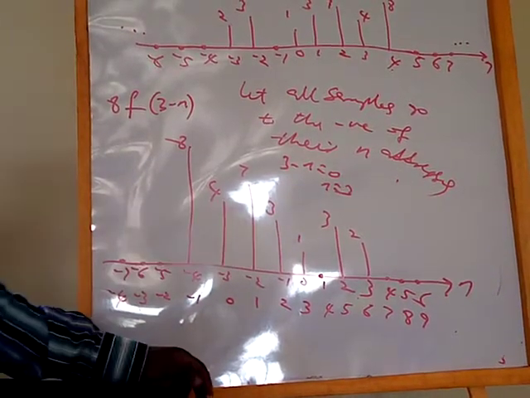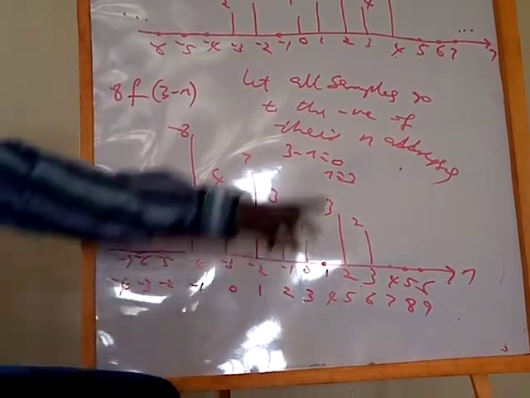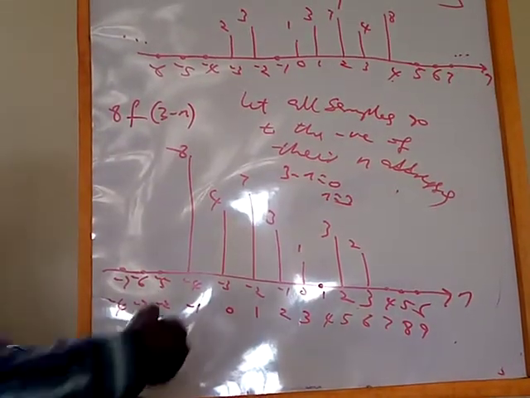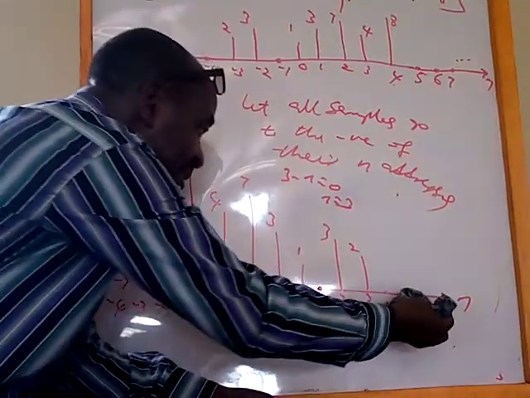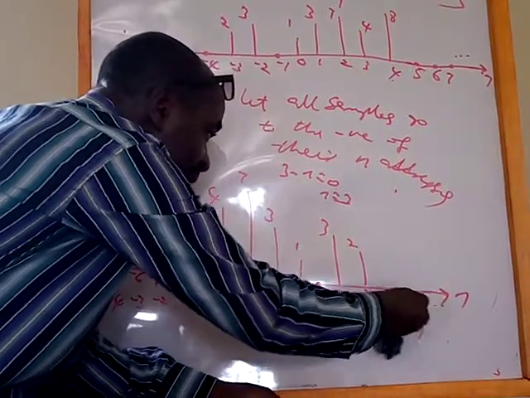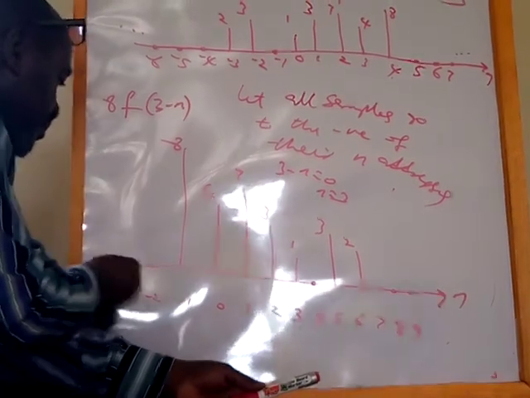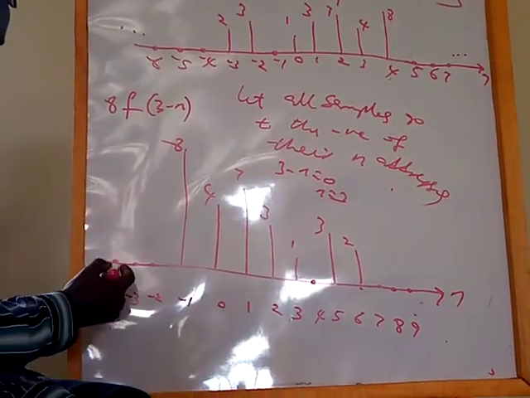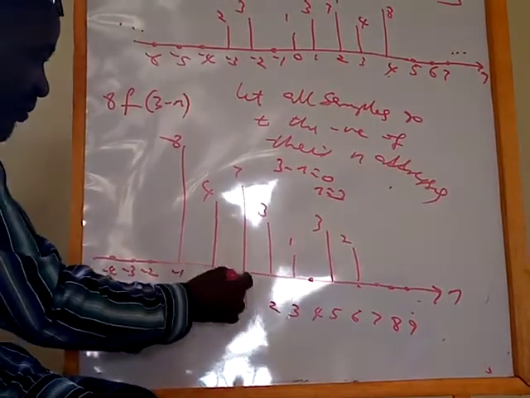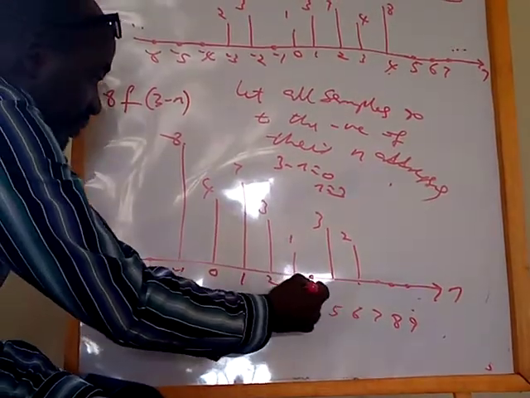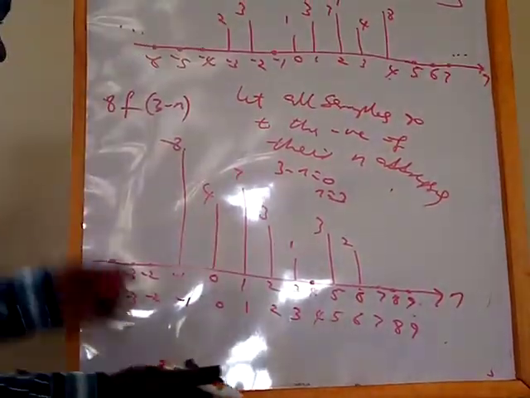The meaning is that every sample moves: the sample at 0 will move to 3, the sample at 1 will move to 4, the sample at minus 1 will move to 2. So I will now clean this and move this up. Minus 4, minus 3, minus 2, minus 1, 0, 1, 2, 3, 4, 5, 6, 7, 8, 9.